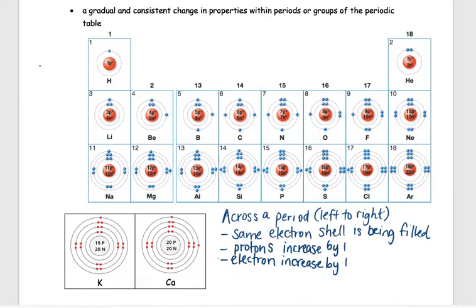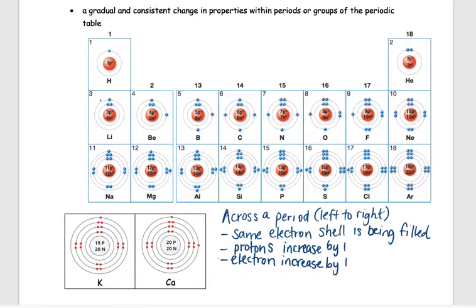Okay, so now if we are going down a column here, or down a family, what are we noticing? We are noticing the protons increasing quite a bit, like in a 2, 8, 8 pattern so far with what we have here. The protons are increasing, the electrons are increasing, but the big thing here is that as you go down, you gain an electron shell or an energy level.